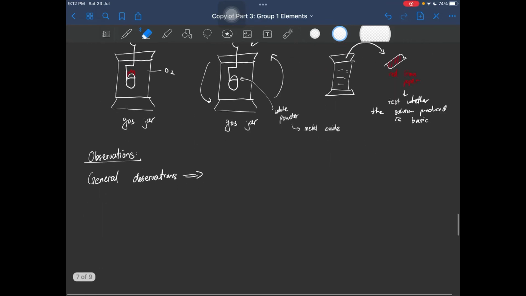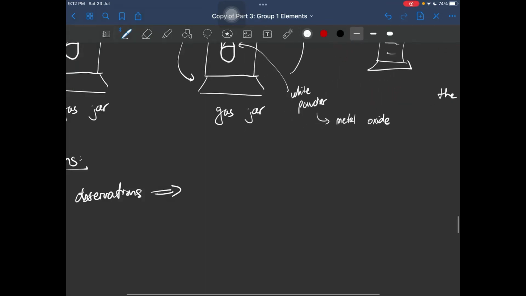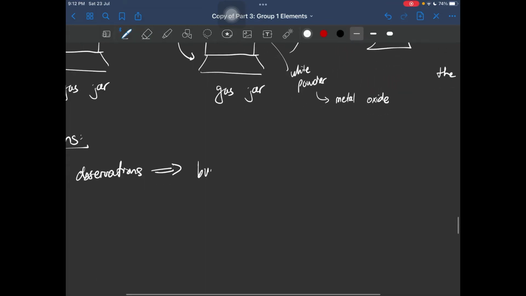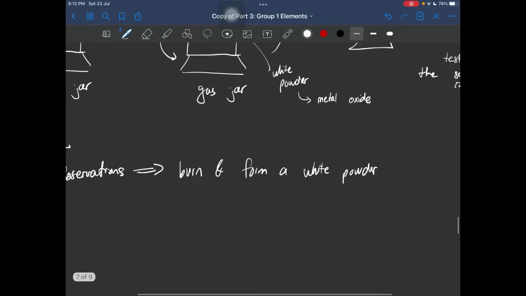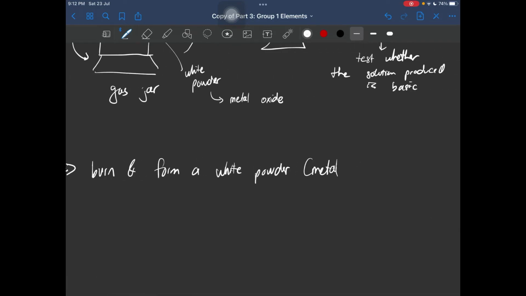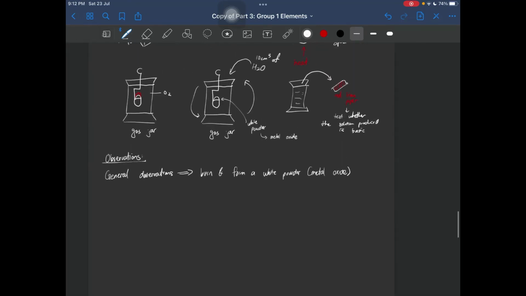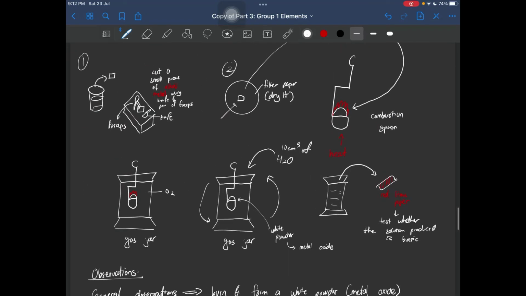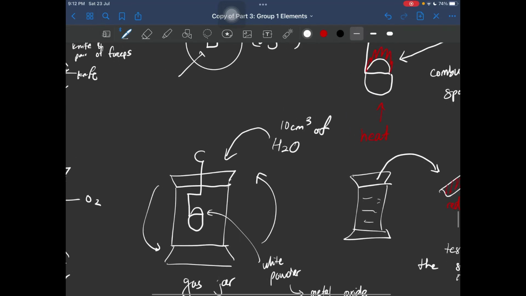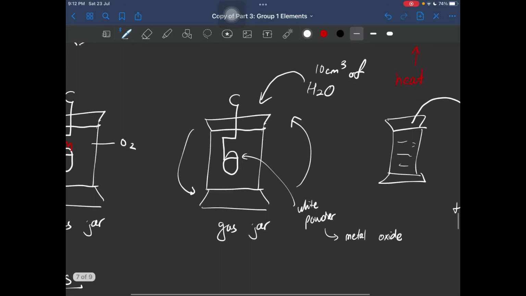So that is the general observation: it will burn and form a white powder, which is a metal oxide. In the experiment, we dissolved the product, which is the metal oxide, in 10 centimeter cube of water.